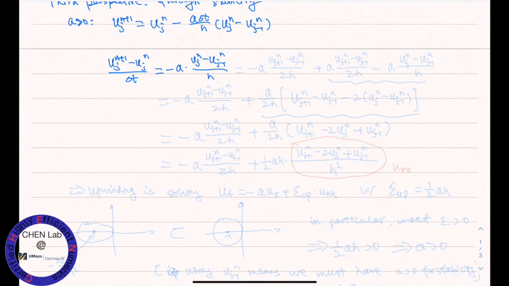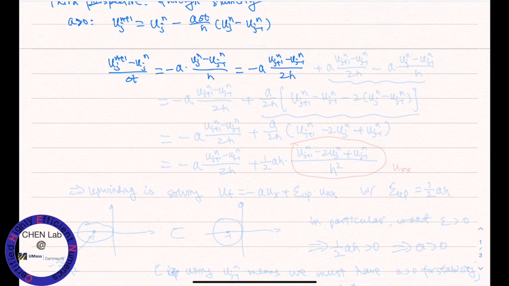So if we remember, for the Lax-Friedrichs and Lax-Wendroff, we viewed that as a correction to the centered scheme, which is (u_{j+1}^n minus u_{j-1}^n) divided by 2h. Alright?